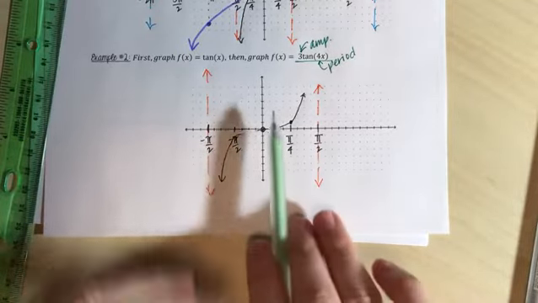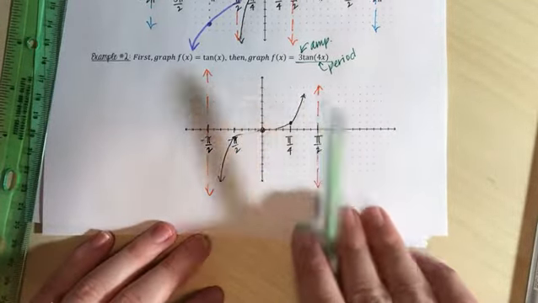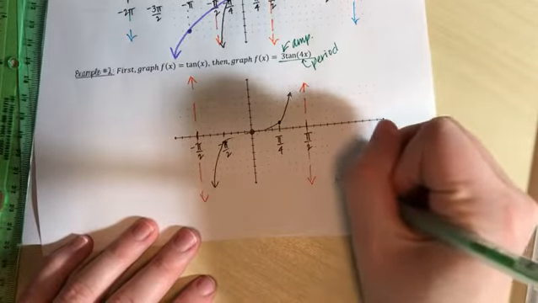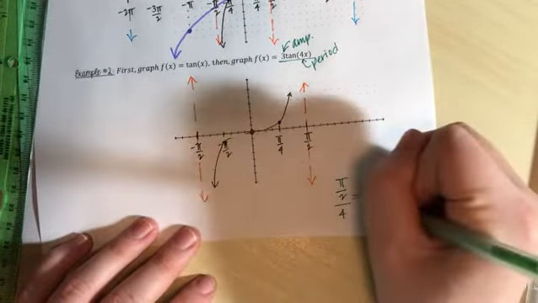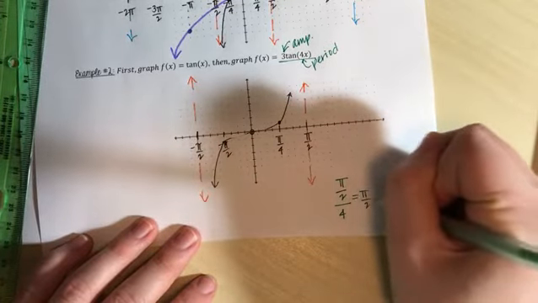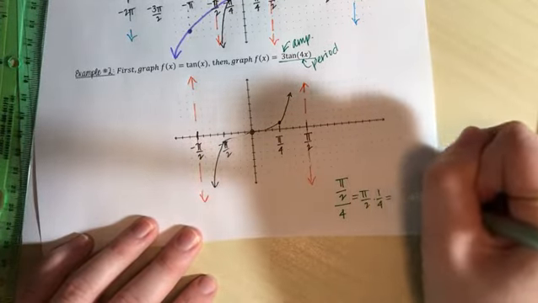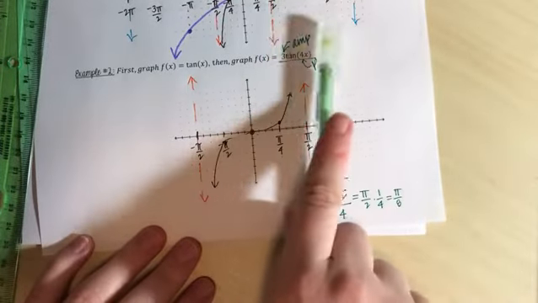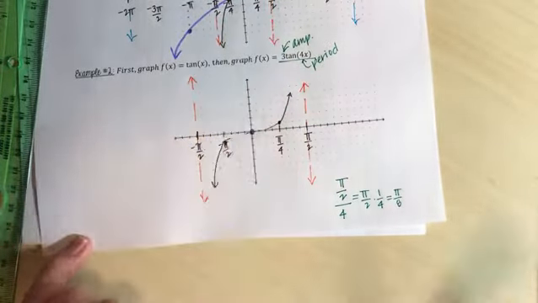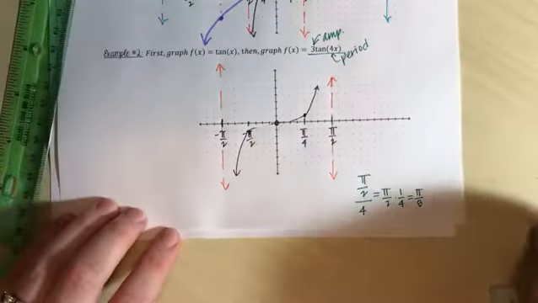So for tangent, you can think it takes from 0 to pi over 2 regularly. So I just divide by the b value. Pi over 2 over 4 is the same thing as pi over 2 times 1/4, which is the same thing as pi over 8. So I want to go pi over 8 in this direction, negative pi over 8 in this direction.